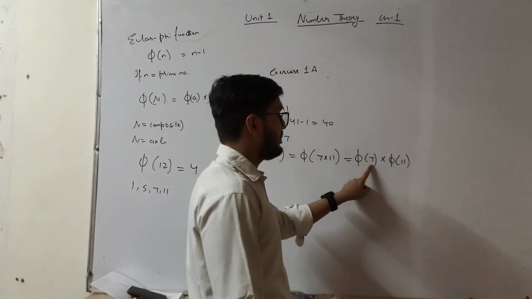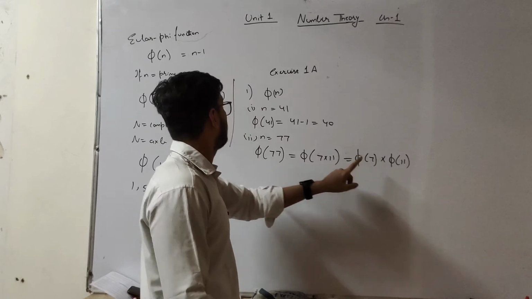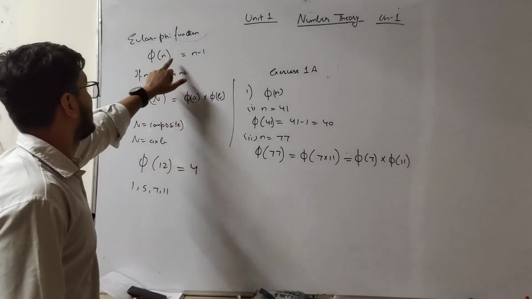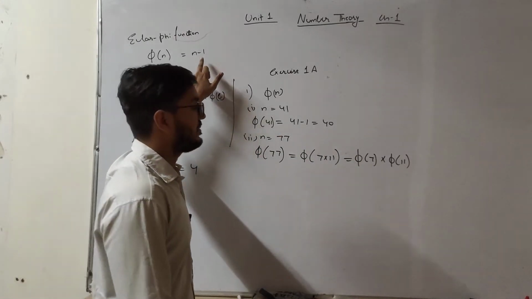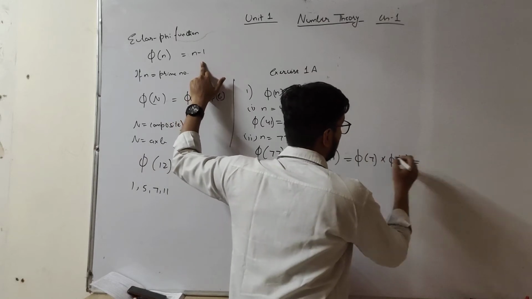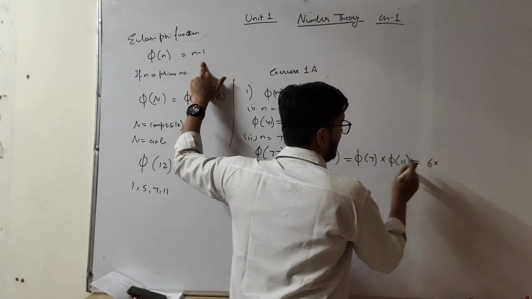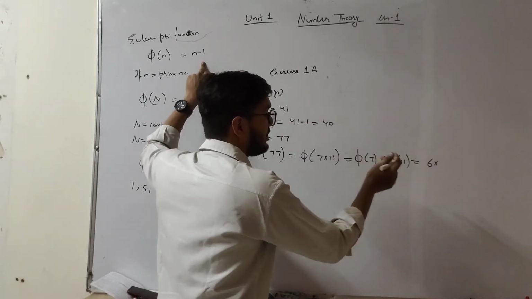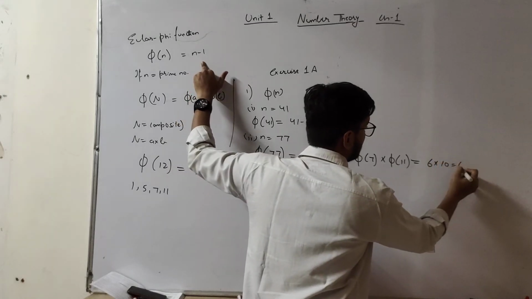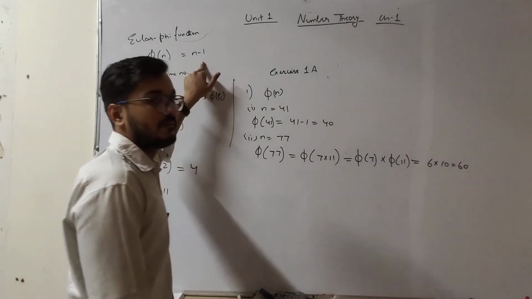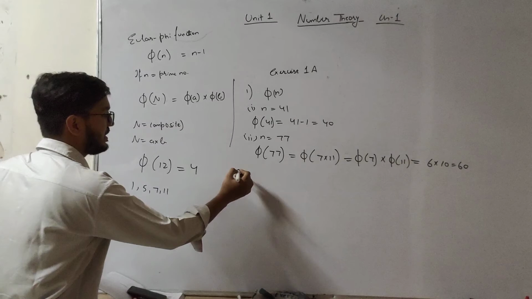Now 7 is a prime number, and phi n is n minus 1 where n is prime, so 7 minus 1 is 6. 11 is again prime, so 11 minus 1 is 10. The answer is 60. Simple.